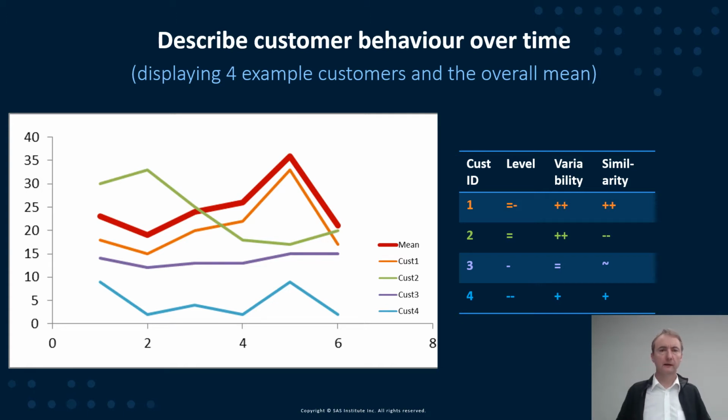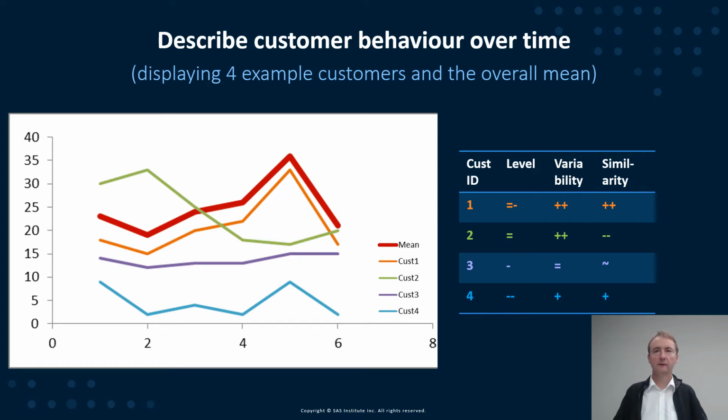If the mean goes down, the orange customer also goes down. If it goes up, he also goes up. So we give him a double plus, very high alignment. Very contrary is the green customer. If the average goes down, his values go up, and the other way around.